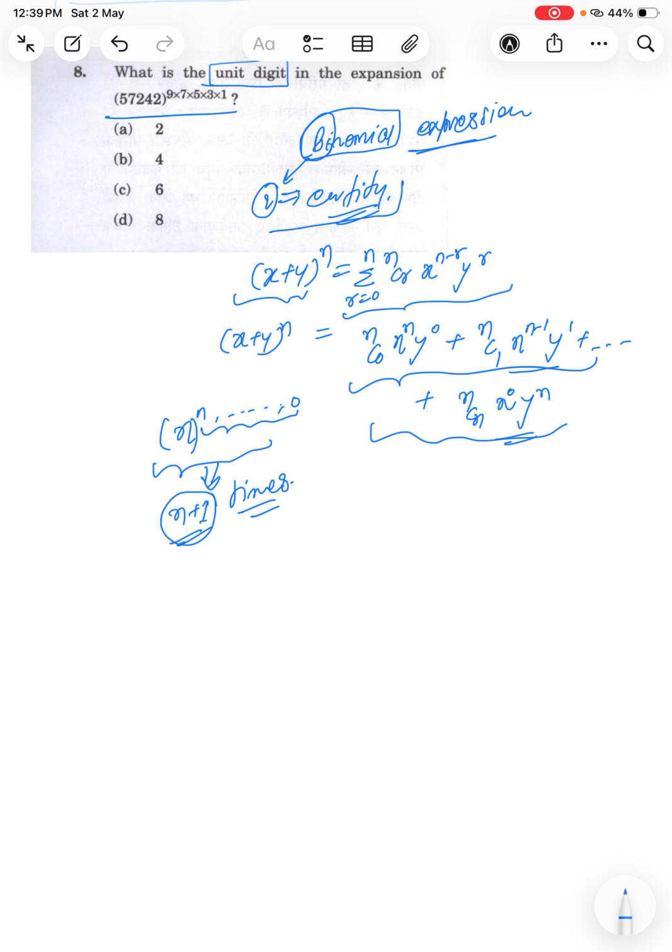It means this expression has n plus 1 terms. These nC0, nC1, nCn are called binomial coefficients.